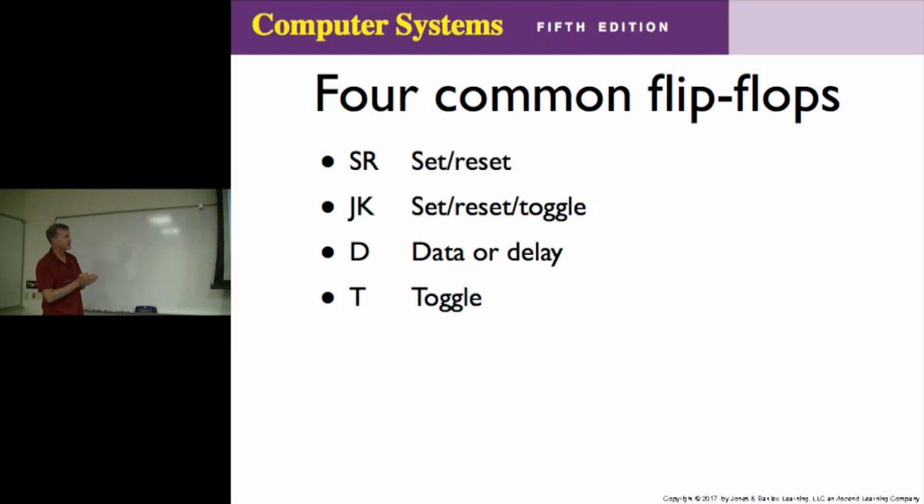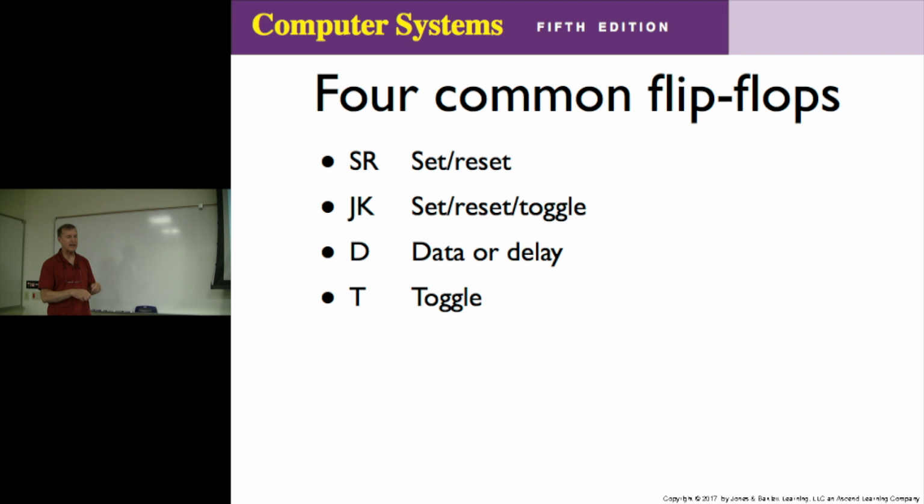The SR is the set reset, the JK is the set reset toggle flip-flop, the D is the data or delay flip-flop, and T is the toggle flip-flop. And we're going to learn how each one of these works, and we're going to learn how to build them. But the fundamental one, the one that we build from just AND and OR gates and inverters, is the SR flip-flop.